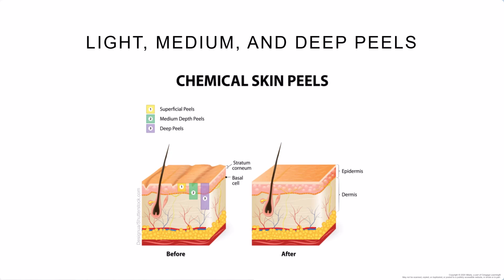Going into more depth about the light, medium, and deep peels, no pun intended, we have our superficial or light peels. And remember, these are the ones that we can do, so they're going to be administered by estheticians. They're only removing cells from the stratum corneum, so the most superficial layer of the skin. Generally, they include also enzymes.